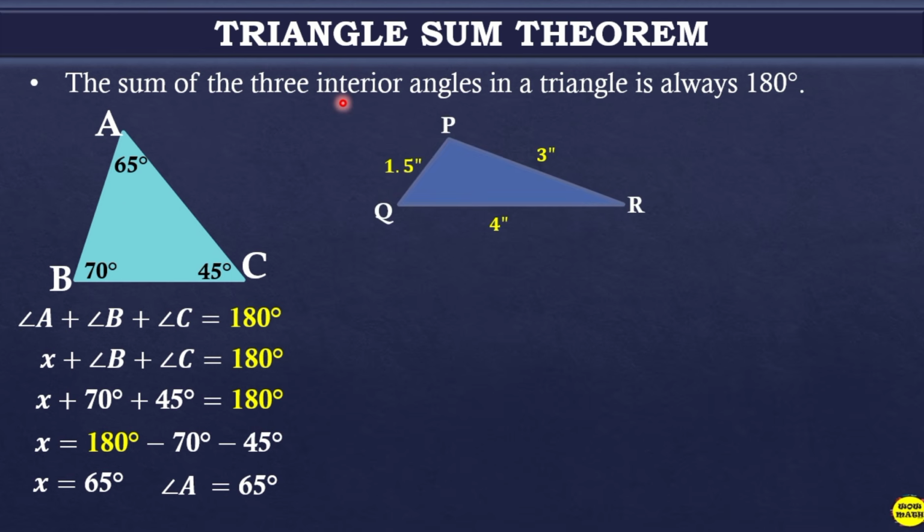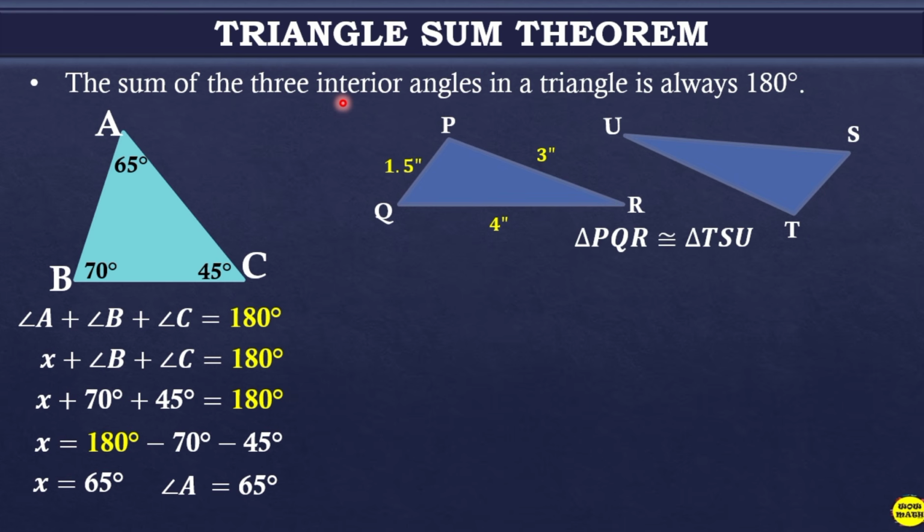Next. So, I have here 2 congruent triangles. Now, triangle PQR, so this is your triangle PQR, is congruent to triangle TSU. Okay? Now, sabi rito, these 2 triangles are congruent. Ang tanong, what is the length of segment SU?